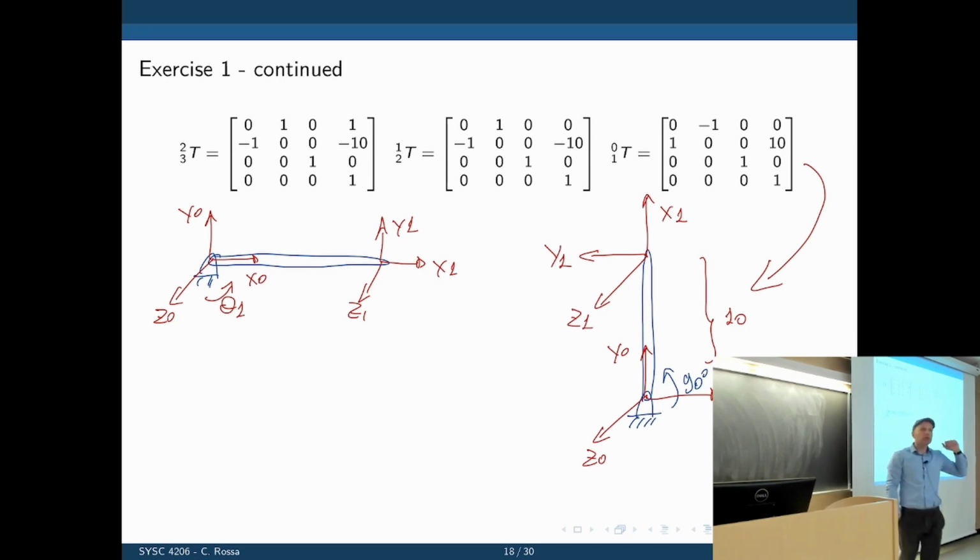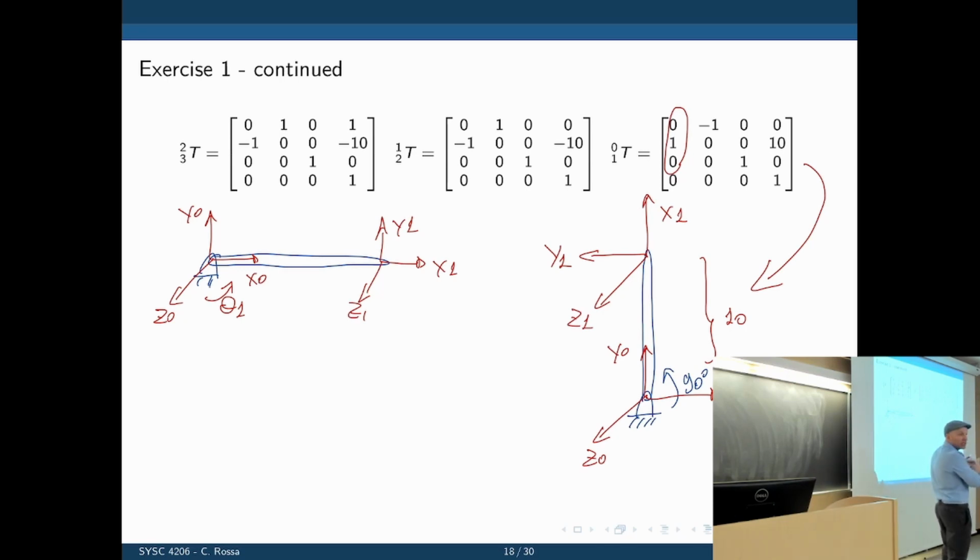Now let's look at the orientation. What do we see from the orientation part? Let's look at this one here. We have 0, 1, 0. What is that again? It is the components of x1 in x0, y0, z0. So this is telling us that the component of x1 in x0 is 0.